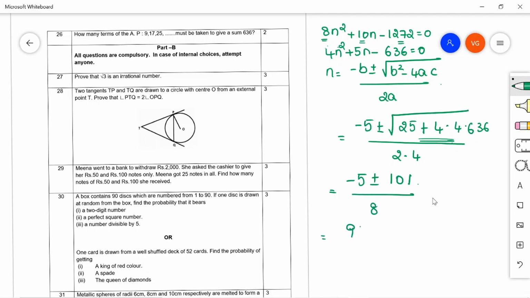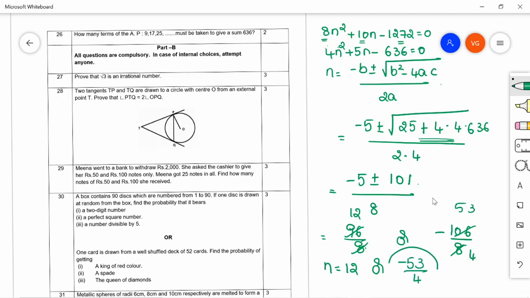So this will be 96 by 8 or minus 106 divided by 8. 96 by 8 is 12 here. So n is equal to 12 or minus 106 by 8. This is 4 times 2 and 53, minus 53 by 4. So the number of terms cannot be a negative number or a fraction here. So n is equal to 12 is the answer.